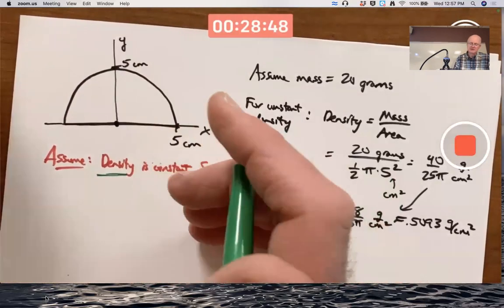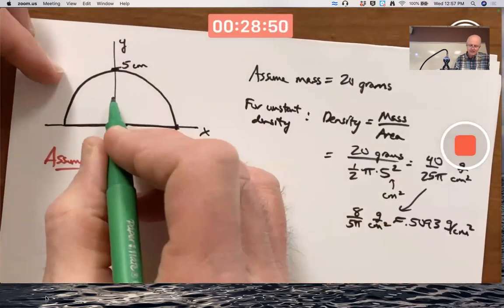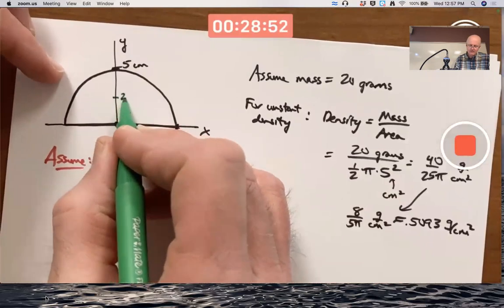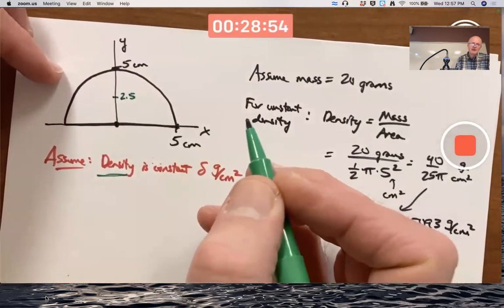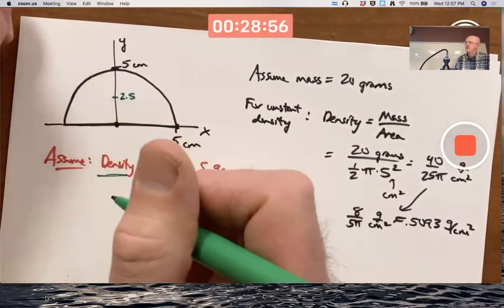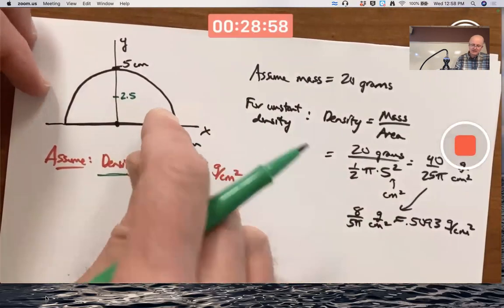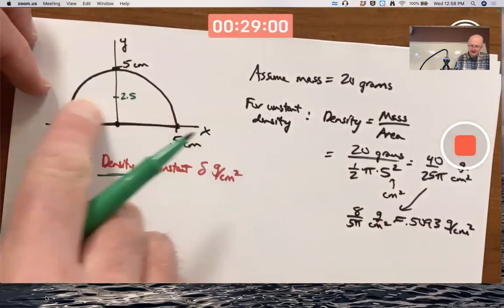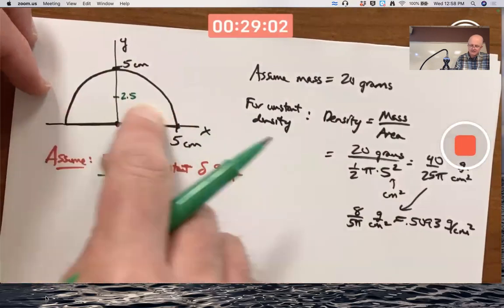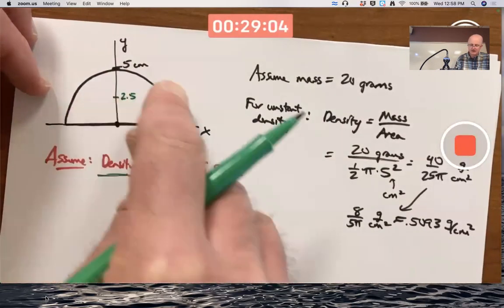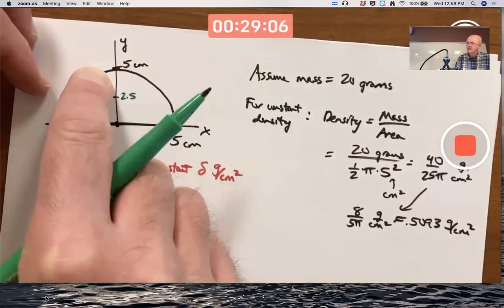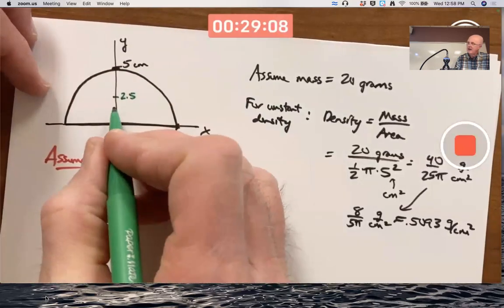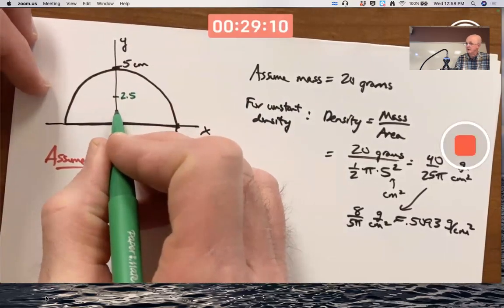And I hope it's also intuitive. If this is 2.5 here, half the way to 5, then since in the y direction, most of the solid mass is down near 0 compared to up near 5, the y-coordinate of the center of mass should be less than 2.5.